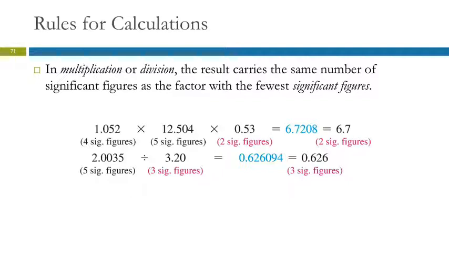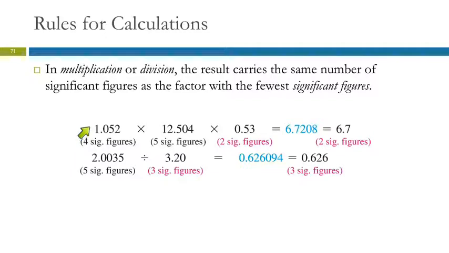We'll look at multiplication and division first. In these operations, the result has the same number of sig figs as the factor with the fewest significant figures. So we're going to look at the numbers that we're using. Here all the math is done for us. 1.052 times 12.504 times 0.53 equals, this is what the calculator gives us.